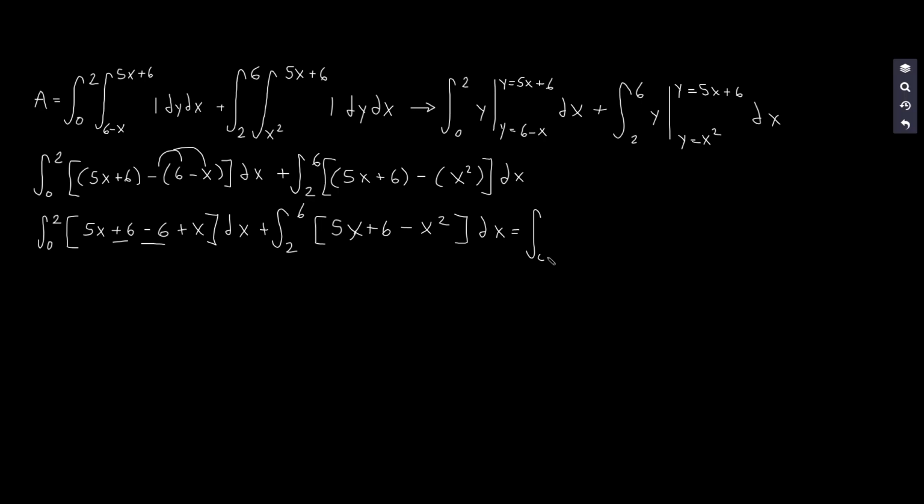So it's the integral from 0 to 2 of 5x plus x, with respect to x, plus the integral from 2 to 6 of, putting it in descending form, x squared plus 5x plus 6, integration with respect to x.